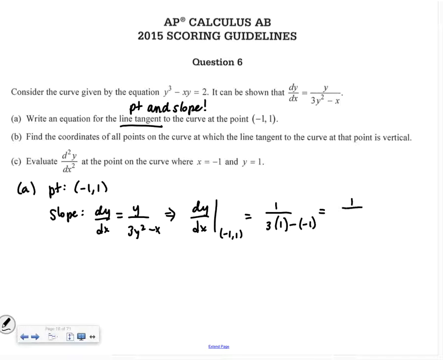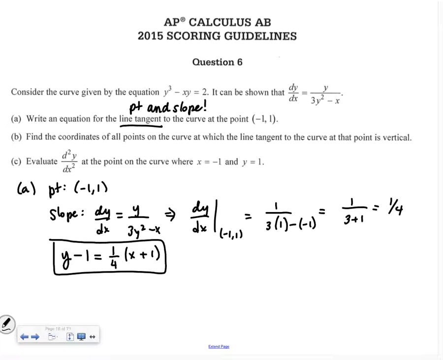So I get 1 over 3 plus 1, so I get 1/4. So putting it together, I have y minus y1 equals m times x minus x1. So I have this. Okay, you can simplify if you'd like, or you can just leave it like that.